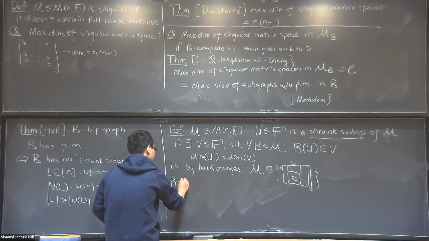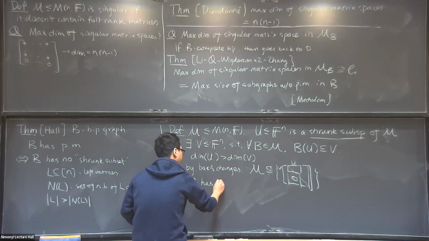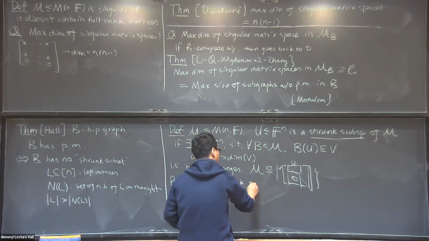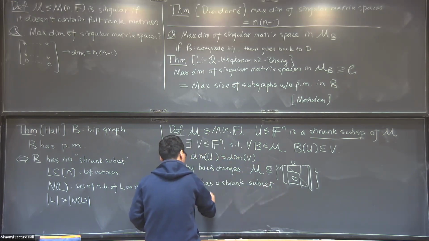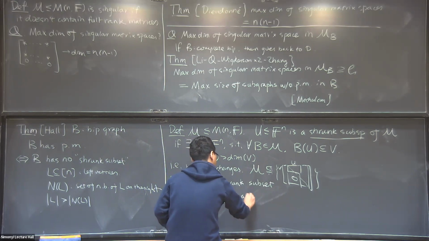That is, a graph G has a shrunk subset if and only if M_G has a shrunk subspace.